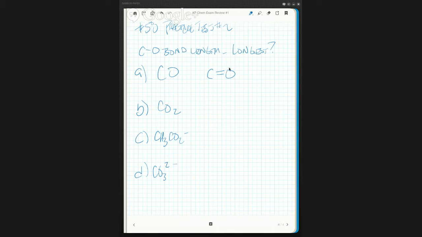Well, we'll just leave it like this. So it's a CO, so you have at least a double bond. Which is not a particularly long bond, pretty short. CO2, C double bond O on one side, double bond O on the other. So you've got double bonds going on both sides.